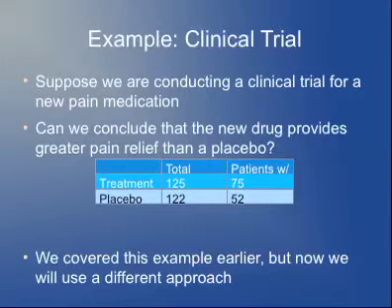There were 75 out of 125 who experienced pain relief under the active drug versus 52 out of 122 who got the placebo. And last week we discussed how you could test the null hypothesis of no association between the treatment and pain relief using proportion tests. Today, we'll revisit this example and show how you can do it using chi-squared tests.